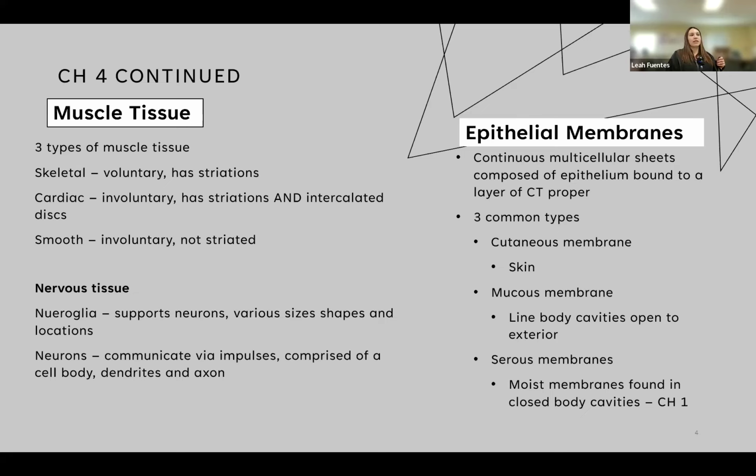We don't automatically wake up in the morning and start lifting weights, or our body doesn't automatically start moving. We have to tell our body to do it, as opposed to cardiac muscle and smooth muscle, which are involuntary and do it on their own. We don't have to think about our heart pumping, it just does it. That's what categorizes cardiac as involuntary, and smooth as well.